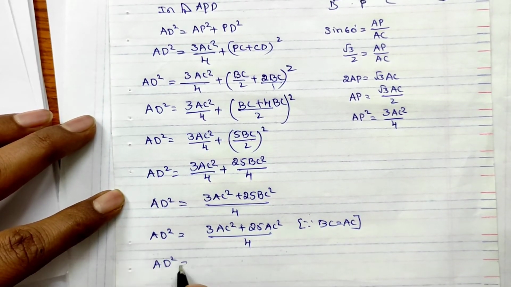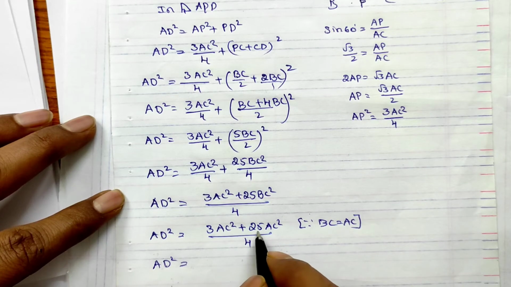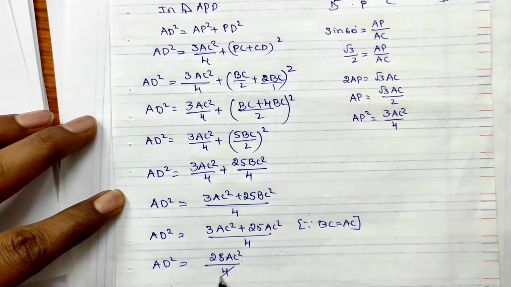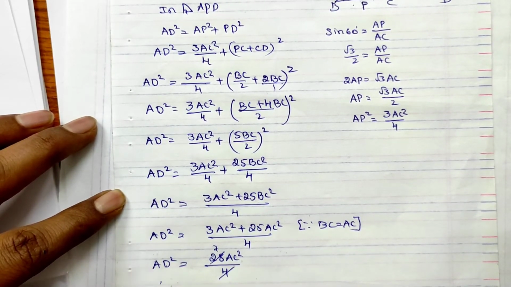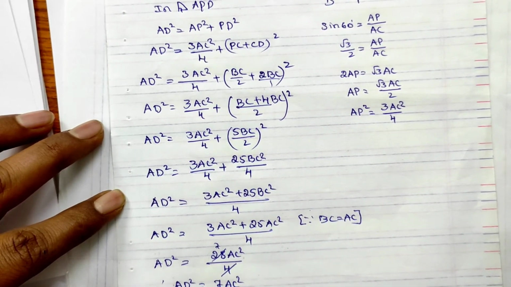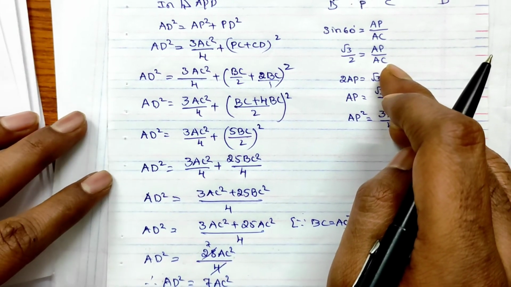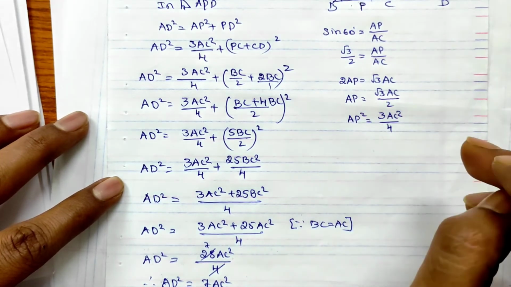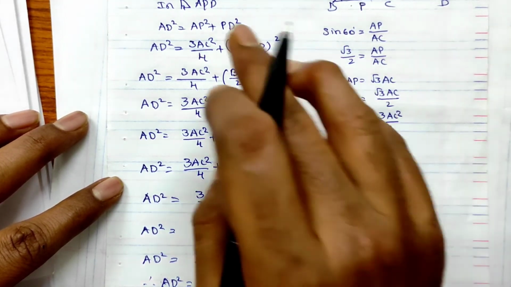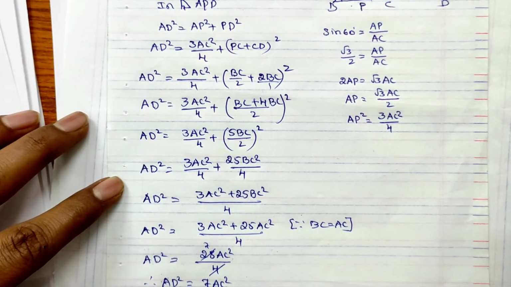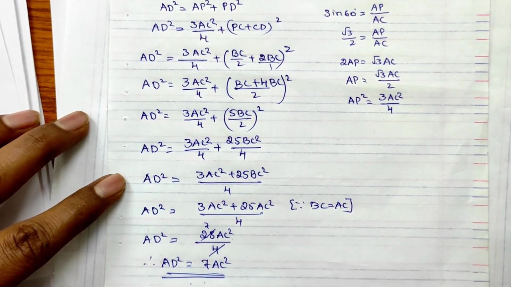That is 3 plus 25 is 28 AC square divided by 4. 4 ones are 4, 4 sevens are 28, so therefore AD square is equal to 7 AC square. Like this, by using the trigonometry concept you can get a substitution for AP square, AP square is equal to 3AC square by 4. Then apply the Pythagoras theorem in the triangle APD. From that you can prove AD square is equal to 7AC square.